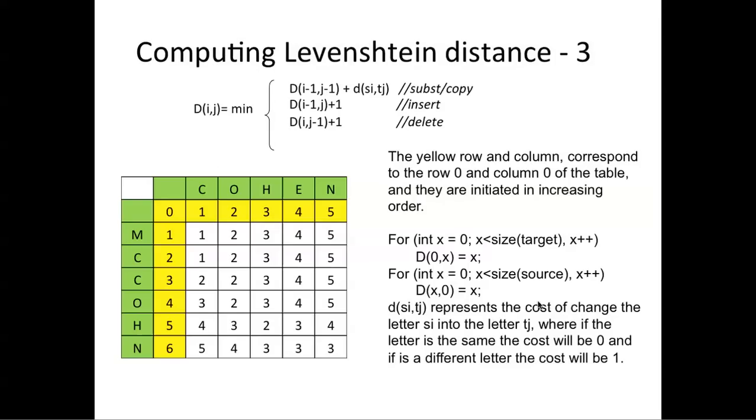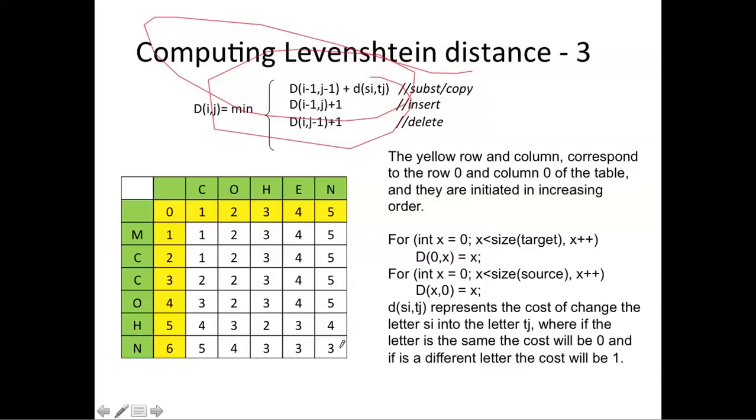The way to do it for these two names is to create a table, fill the first row and column with ascending numbers, and then use the Levenshtein formula to fill the rest of the table.